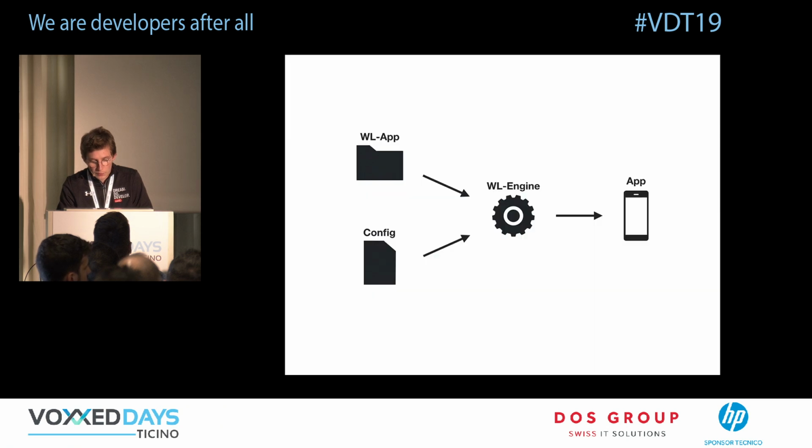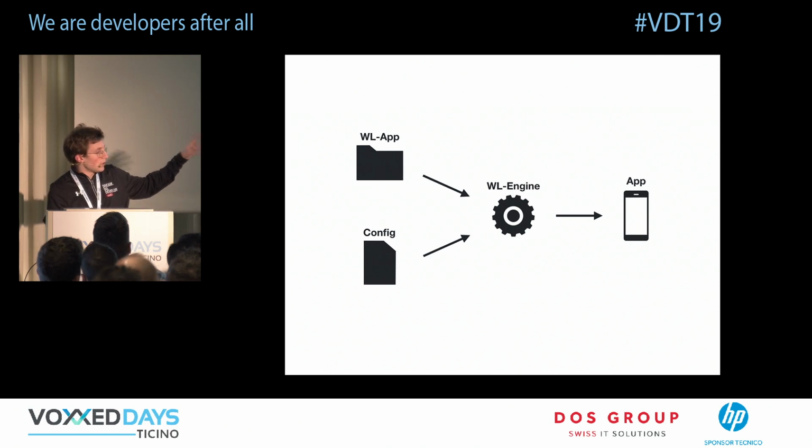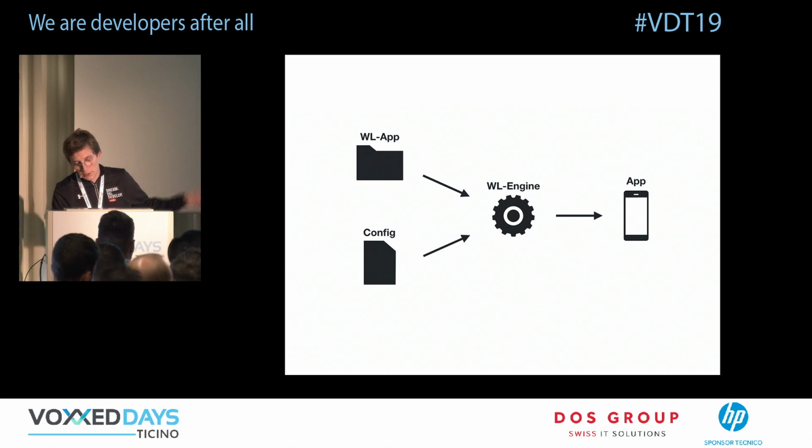Those are the few steps. If we look again at our diagram here, the whitelabel project will be given to the whitelabel engine as well as one particular configuration, and an application will be produced.